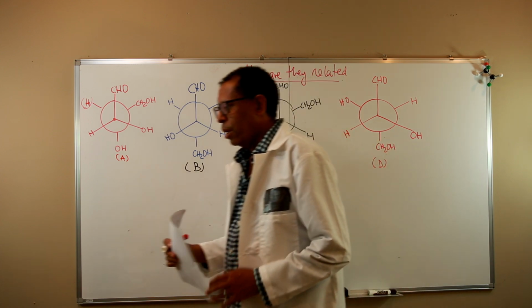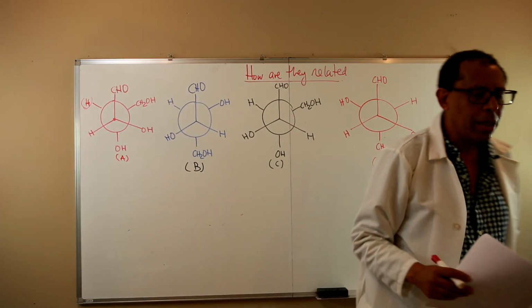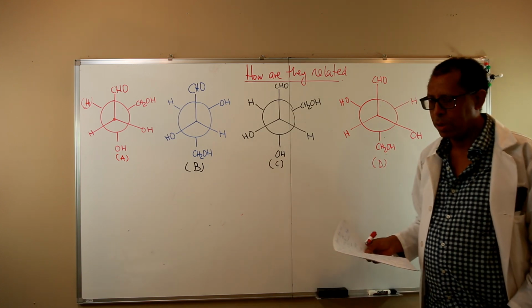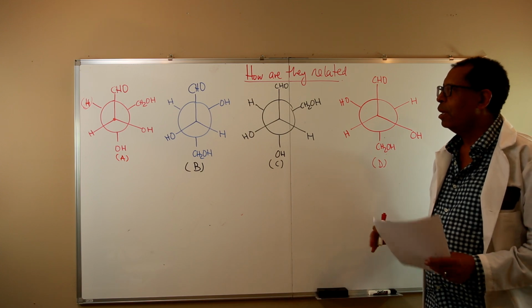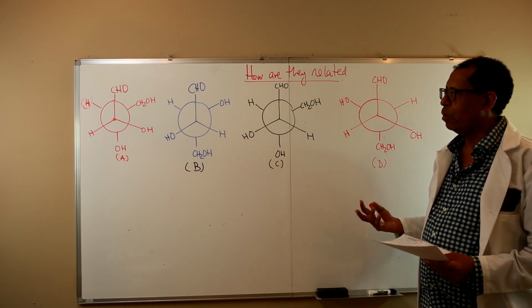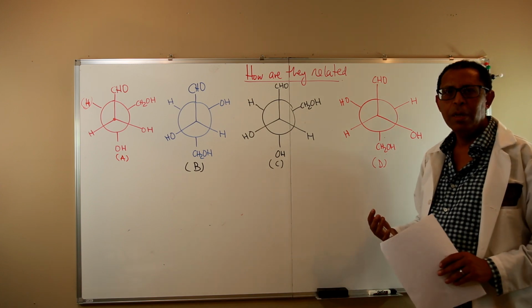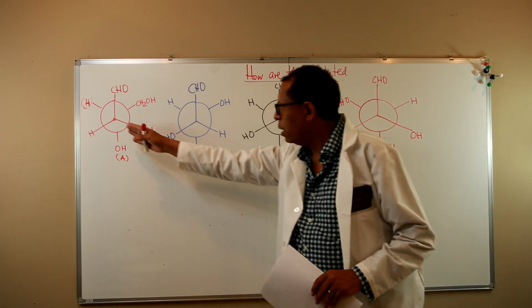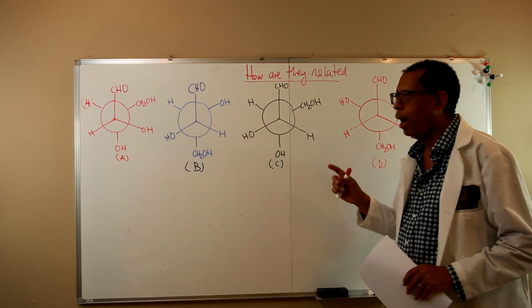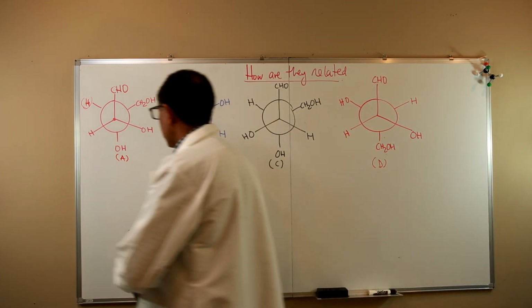So one thing here is that it will also challenge you to see how a Newman projection works as well. So the problem is the stereoisomerism, and on top of that, you need to change the Newman projection into something you would easily understand. So basically, all of them have two chiral centers, or two stereogenic centers.